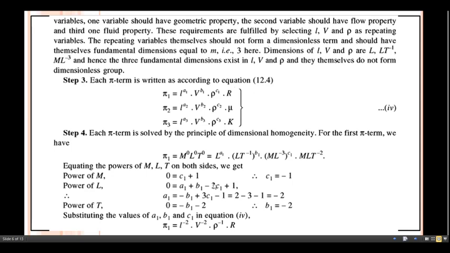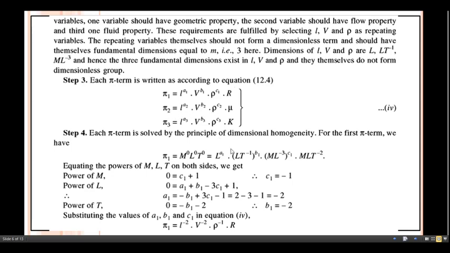Instead of writing L raised to A1, you should write L raised to A2, then a similar term here, that is B2, then C2, etc. So the basic dimensions remain the same, but you need to change the power at every step.